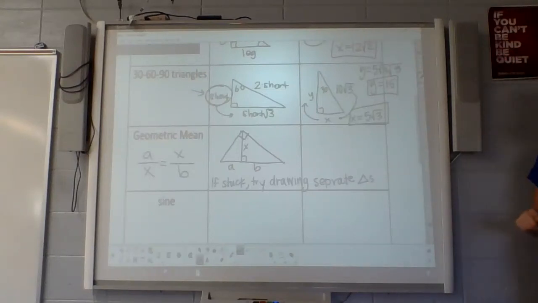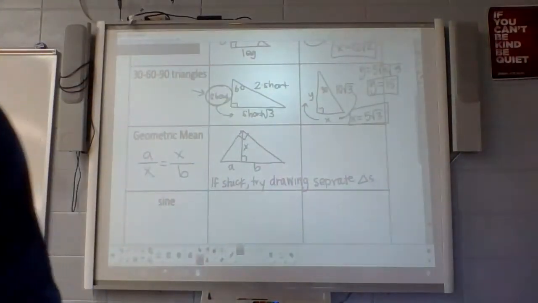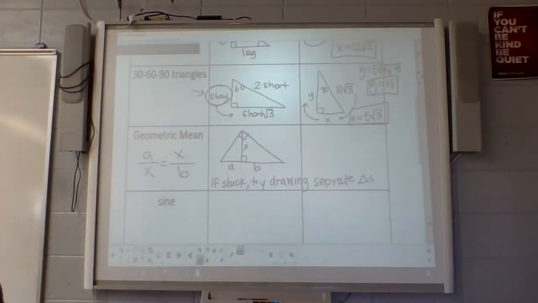So one of my tips for this is if you're stuck, try drawing separate triangles. And I'll show you guys what I mean. Let me find one that's like that.